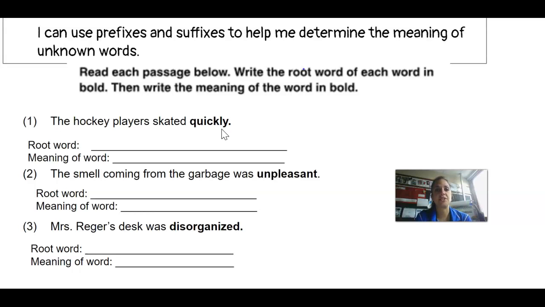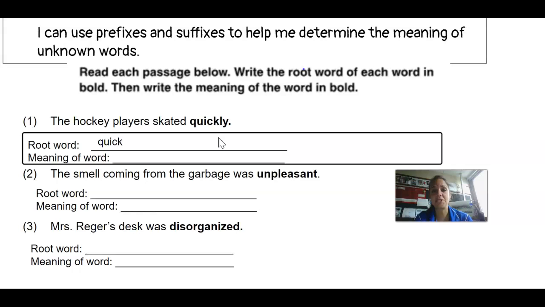Okay, this is your turn. What do you think the root word is? So think if there's a prefix that's added to the beginning, or if there's a suffix that's added to the end that we can take off and still have a basic word with meaning. All right, let's check your thinking.